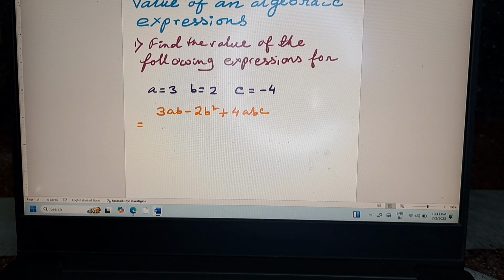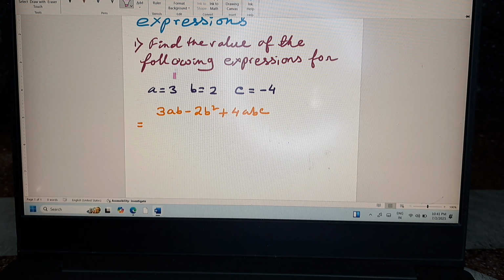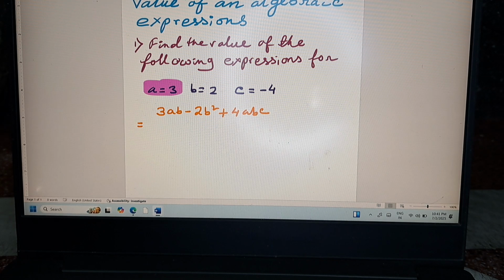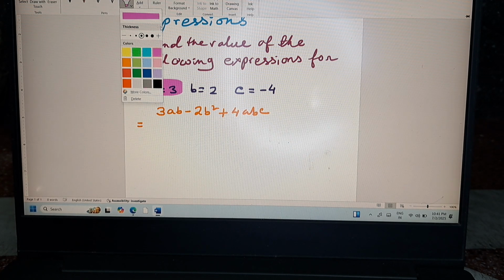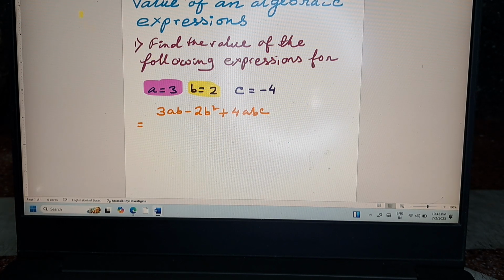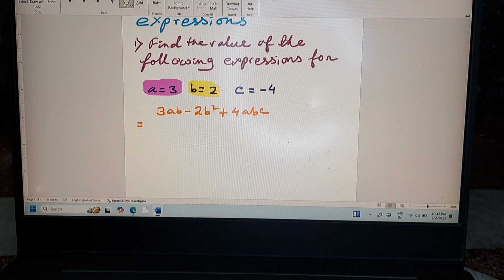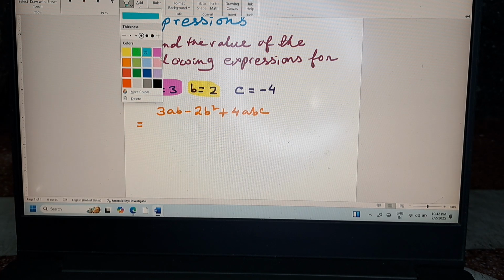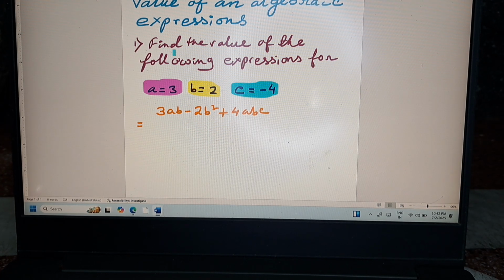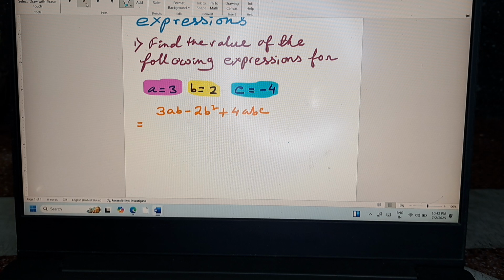Now we will substitute the values of all the 3 variables given here. That is, A is equal to 3, B is equal to 2, and C is equal to -4. So let us solve the sum now.